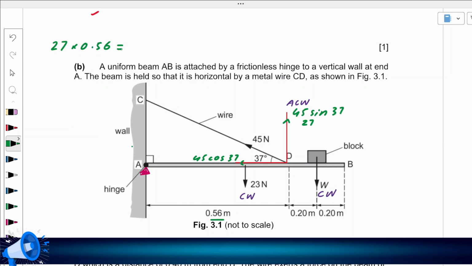Equals, what is the first clockwise? 23. What about the perpendicular distance of that one? It's a uniform beam and the length of the beam is 0.96. So it should be exactly in the middle.